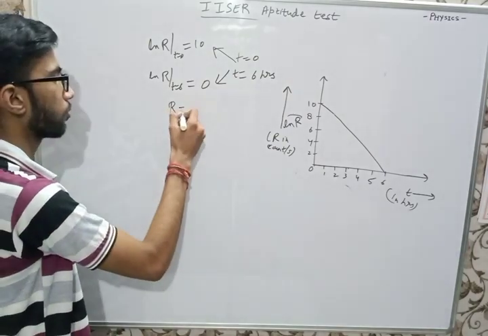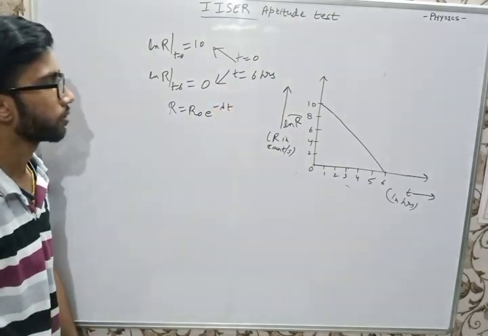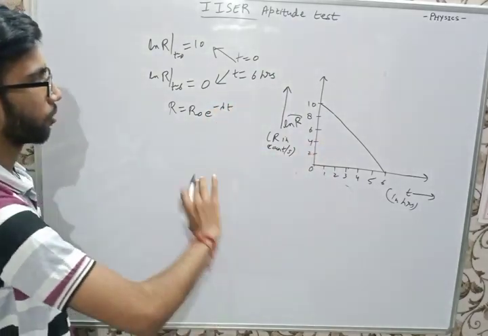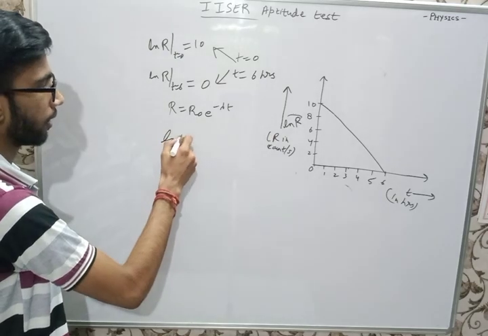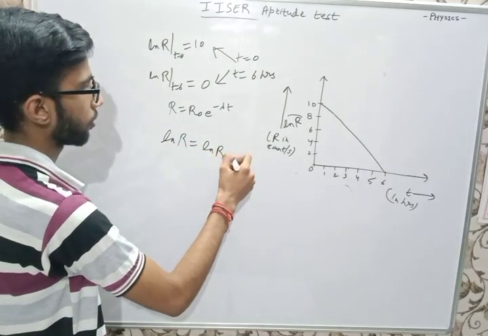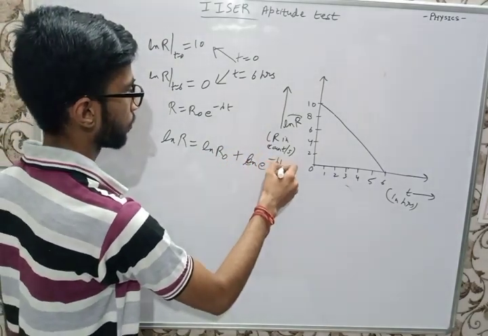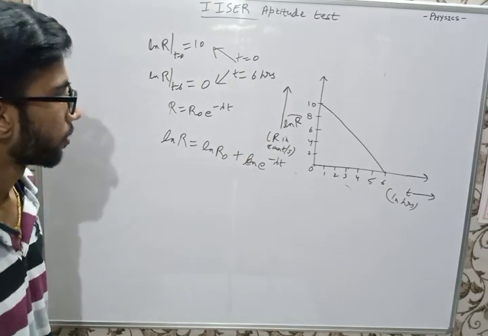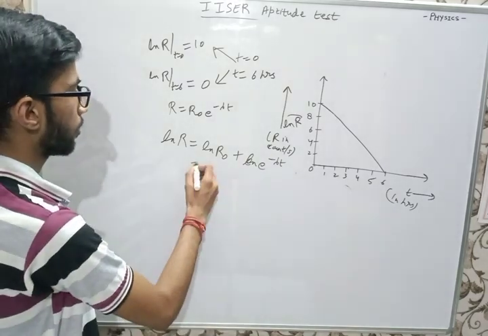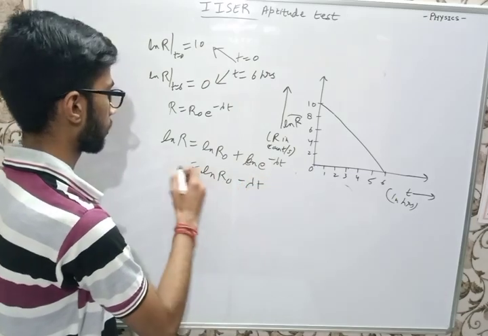I have R equal to R naught e to the power minus lambda t. Just take the natural logarithm on both sides. You will get ln R equals ln R naught plus ln of e to the power minus lambda t, which gives ln R naught minus lambda t.